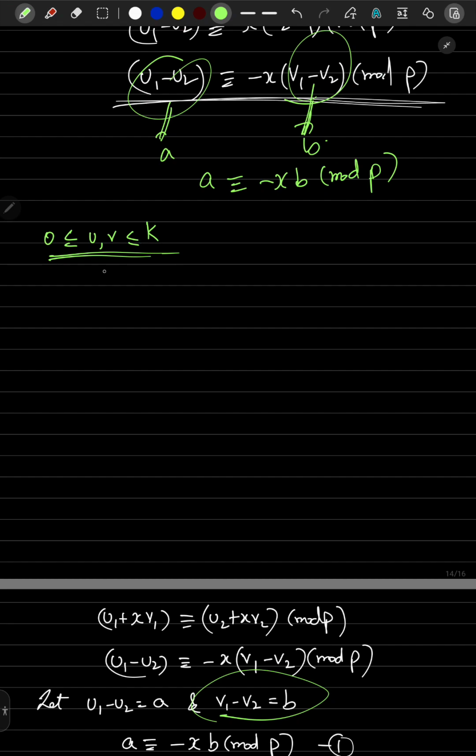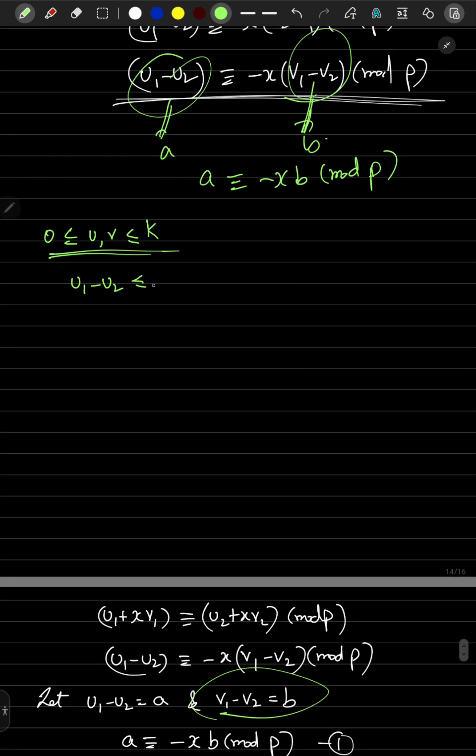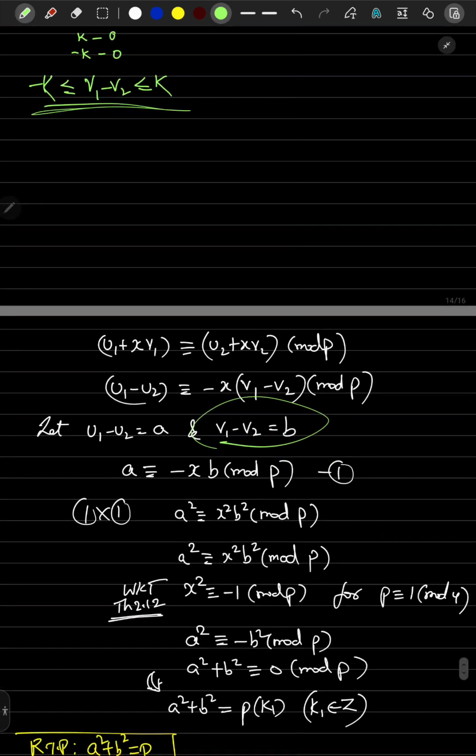So the possible values of u1 minus u2 in general: the maximum can be k, and the minimum can be 0 minus k, that is minus k. Similarly, v1 minus v2 ranges from minus k to k. Do you understand this much?